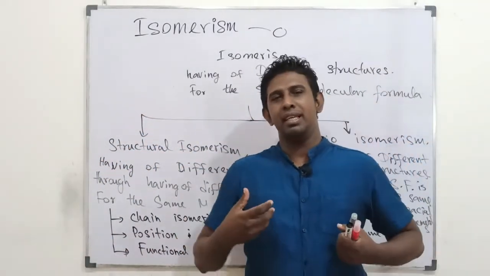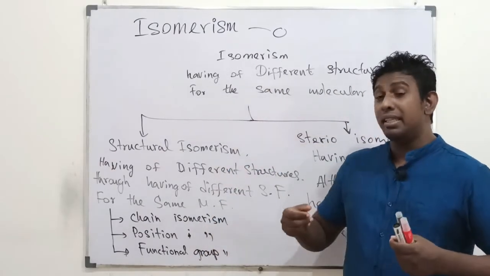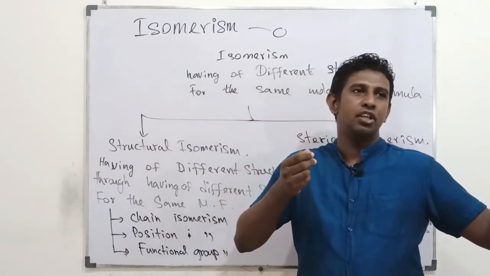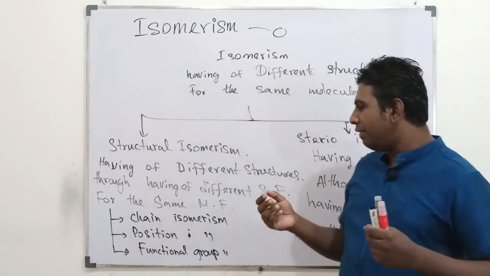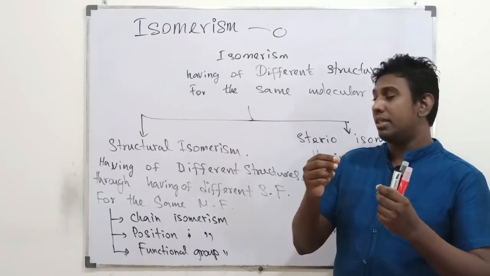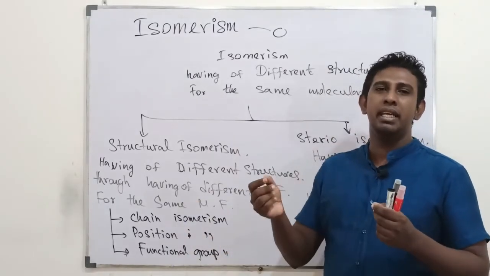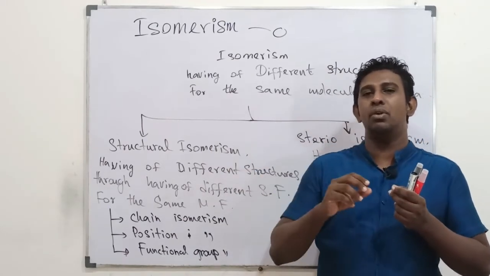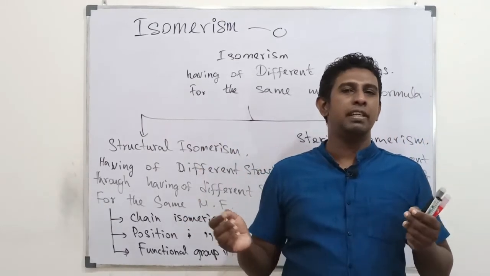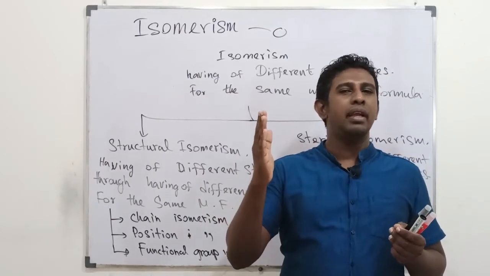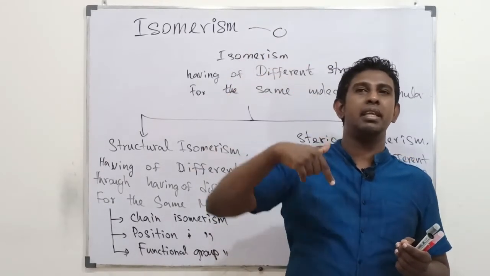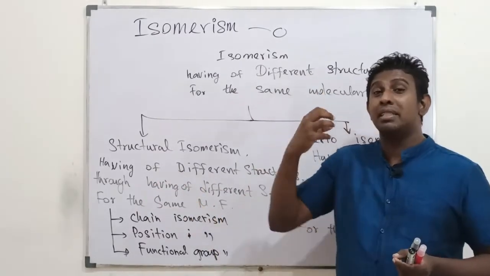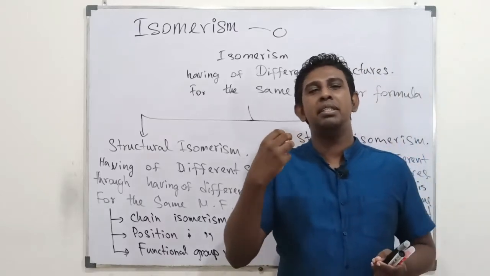What they have is different structural formulae. They are different structures through having different lengths, different carbon numbers in the main carbon chain. The carbon number in the main carbon chain or long carbon chain would be different. You could reduce carbons and attach them again to the chain as branches, such as methyl or propyl groups. In such a way, you could reduce the carbon chain.